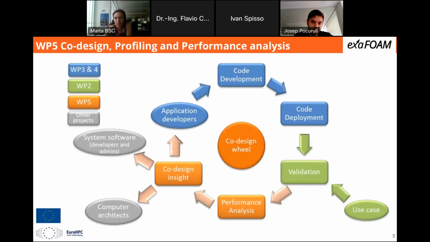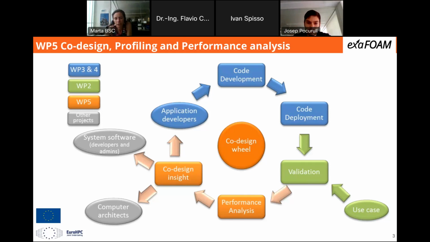So next, in work package 5, which is about co-design, profiling, and performance analysis, we start by saying that we do co-design, because what we try to do is to keep the co-design wheel rotating or moving. So we try to analyze some of the use cases of the project, and based on this analysis, we get some information. This is what we call co-design insight.